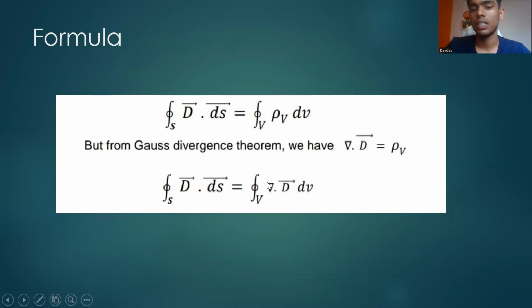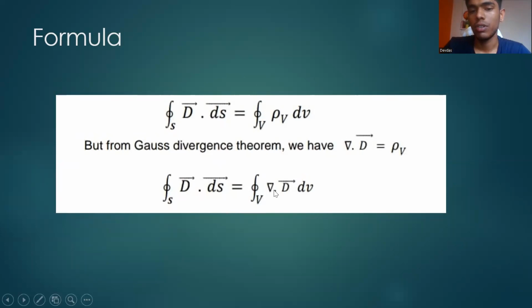So we see that this symbol is called del in mathematics. So del dot divergence of the vector. Sorry, del dot the flux density of the field or of the Gaussian surface, because the enclosed surface is also a Gaussian surface. So basically, Gaussian surface is the surface we use while defining Gauss divergence theorem.